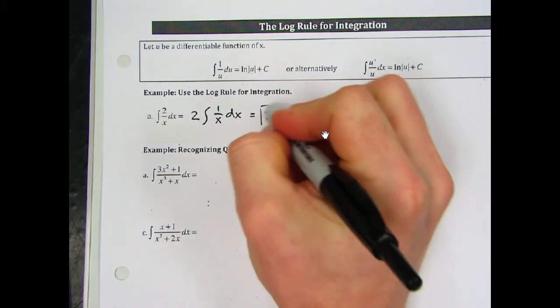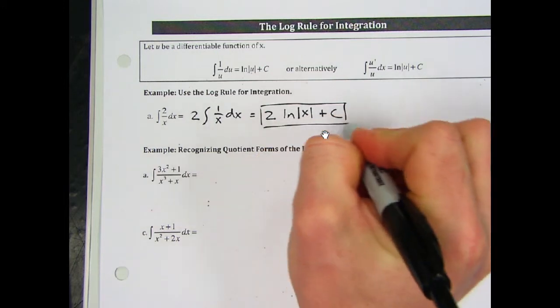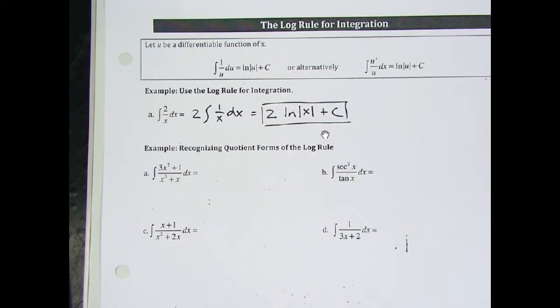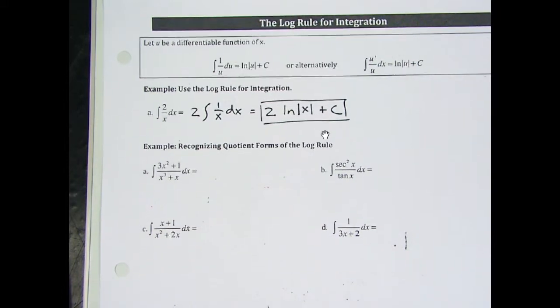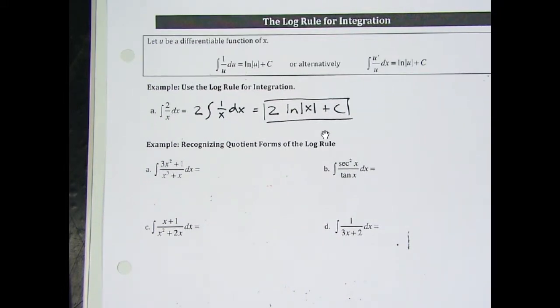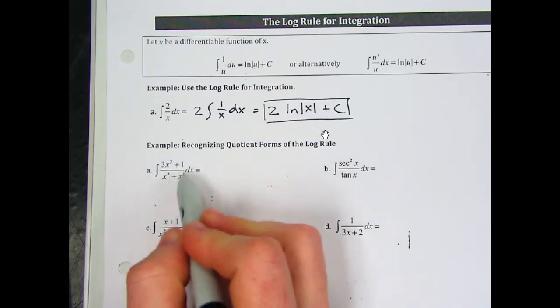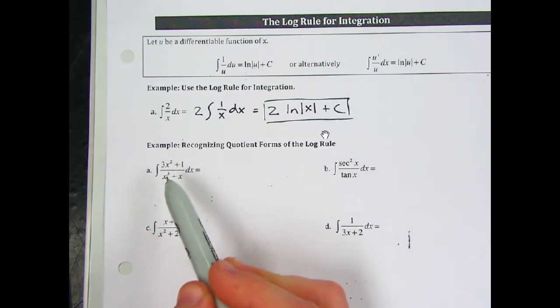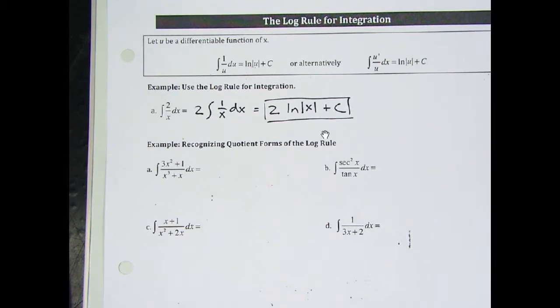Okay, let's try another one. So what we want to do here is really recognize the quotient forms of the log rule. Basically, we need to recognize if this is in the form u prime over u. That's what we're looking for.